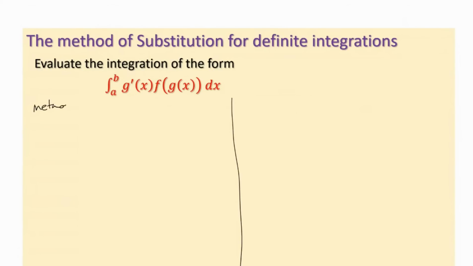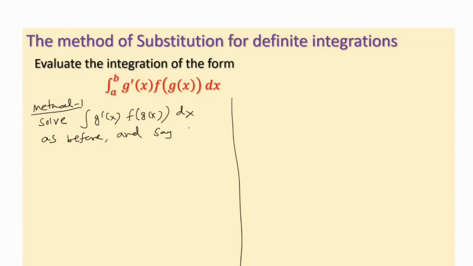Method 1: solve the integration g dash x f of g x dx as before, and say the answer is integration g dash x f of g of x dx is equal to F of g x plus c, but we neglect the c for definite integration.